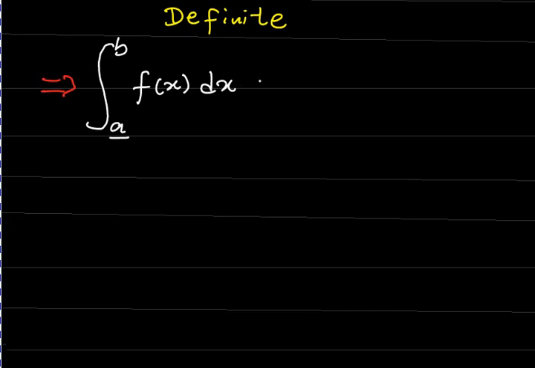Anytime you perform definite integral, you will end up having a constant value, a number, if the limit is constant, because after integrating, you have to insert the value of the limit into the integration.